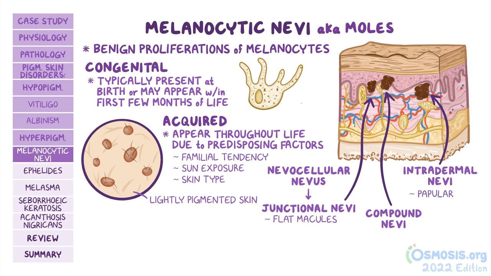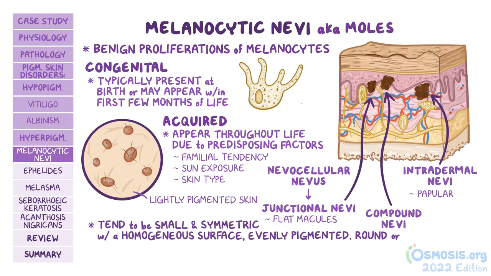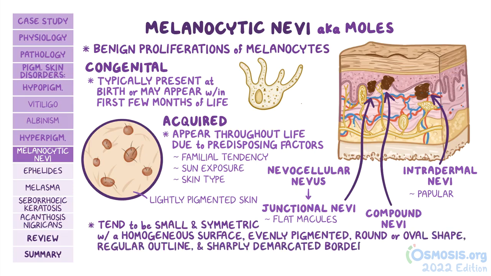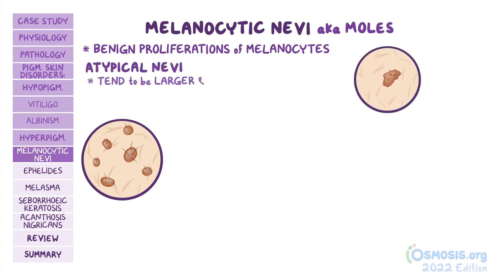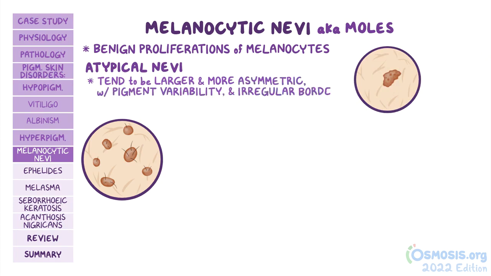These common nevocellular nevi tend to be small and symmetric, with a homogeneous surface, evenly pigmented, round or oval shape, regular outline, and sharply demarcated border. In contrast to common nevi, there are also atypical nevi, which tend to be larger and more asymmetric, with pigment variability and irregular borders.